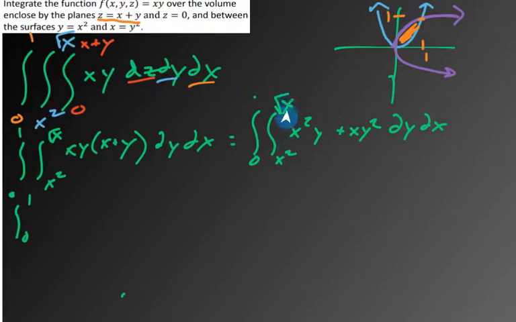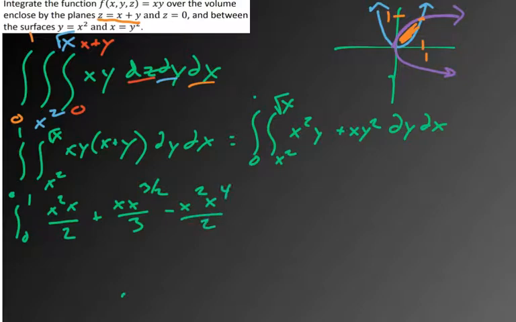So you actually do need to plug in the bounds for y and then subtract this one. What that looks like if you go through it is x squared x over 2 plus x to the 3 halves over 3 minus x squared x to the 4th over 2 minus x to the 6 over 3 dx.